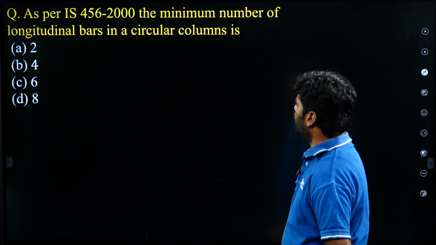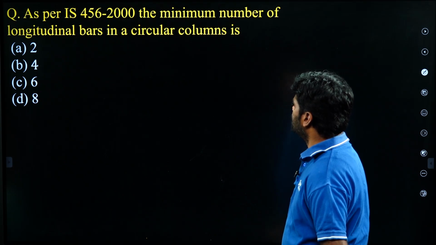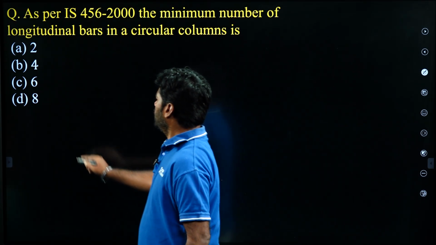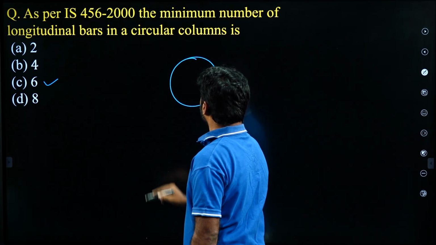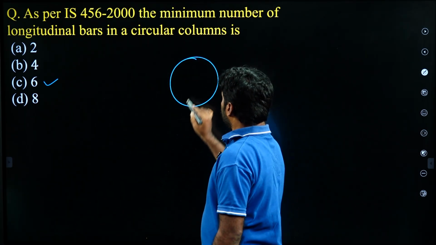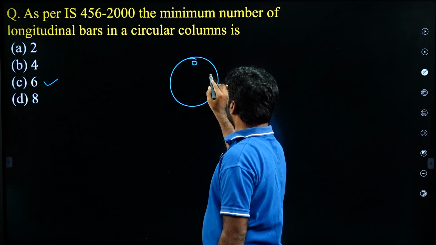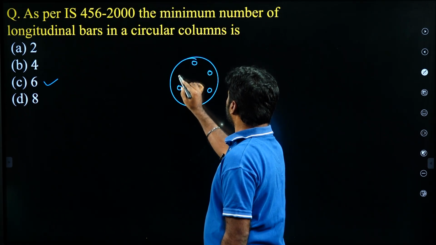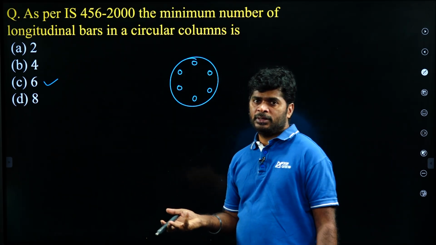As per IS 456-2000, the minimum number of longitudinal bars in a circular column is, my dear, in a circular column, minimum 6 numbers. With 6 numbers: 0, 60, 120, 180, 240, 300 — angle 360 degrees divided by 6 bars.